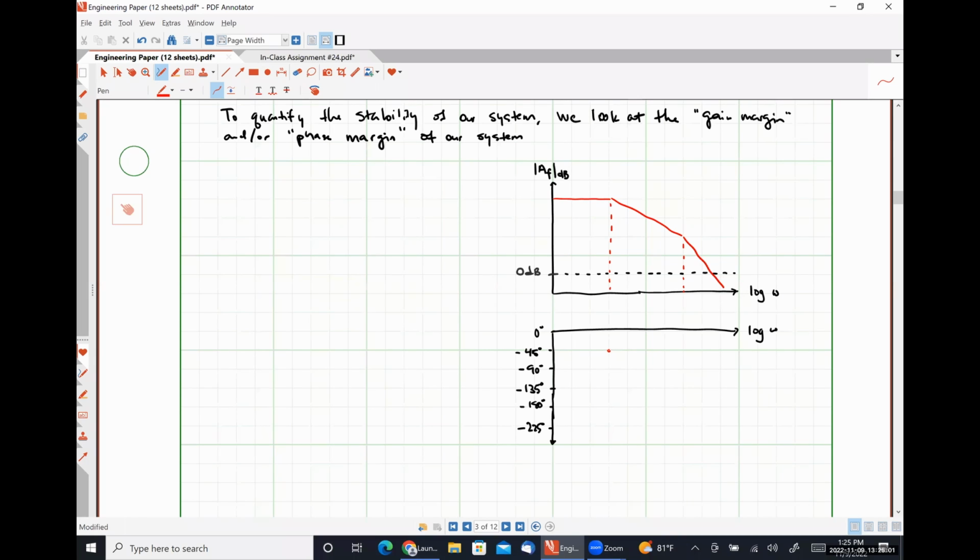So let's say, just for the sake of argument, that in this case, at our first pole frequency, we're supposed to hit negative 45 degrees. And let's say that we have 2 poles very close together at that second pole frequency, so that we should be hitting somewhere in the ballpark of negative 225 degrees here.